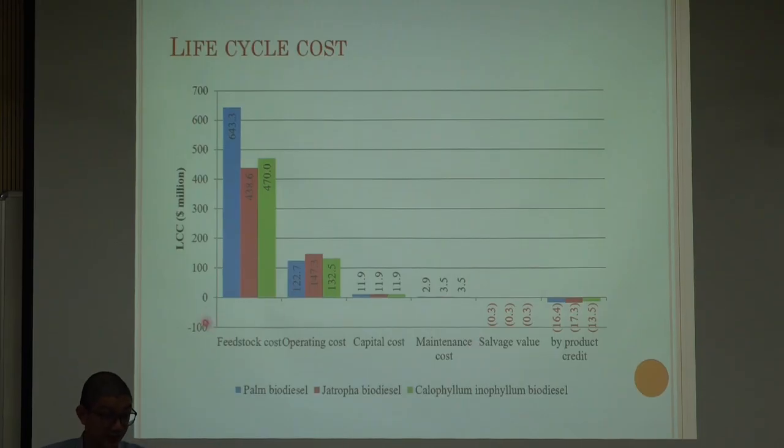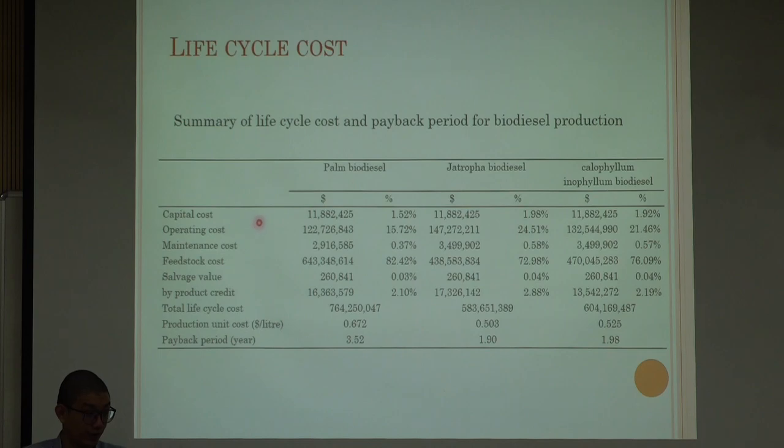So you can see, this one we consider three types of biodiesel production based on the capabilities in Malaysia. Of course, all these things are in US dollars at that time, and based on the Malaysia scenario. So yeah, that is the outcome that you can get. And from here, we can get the total life cycle cost and total production cost.